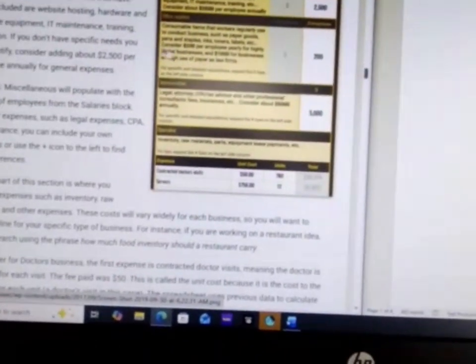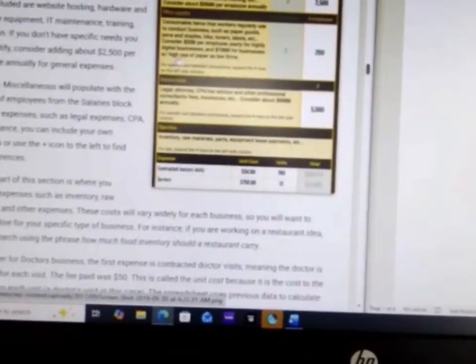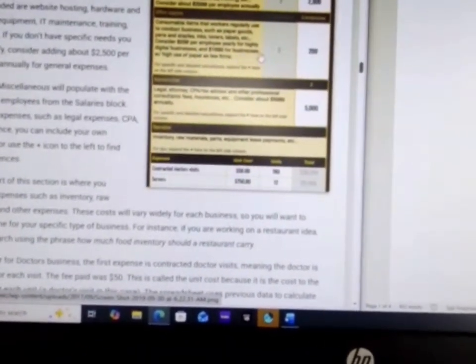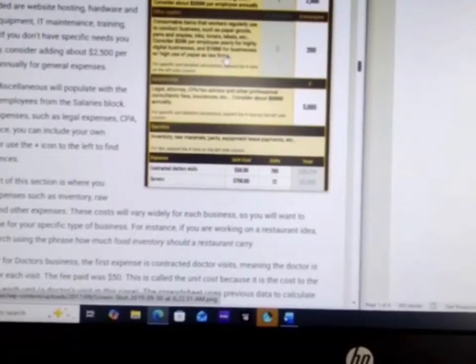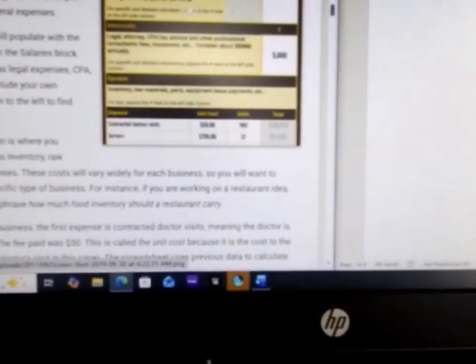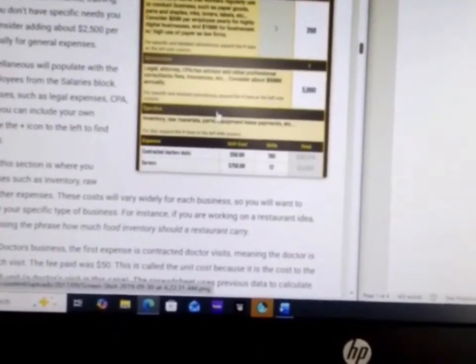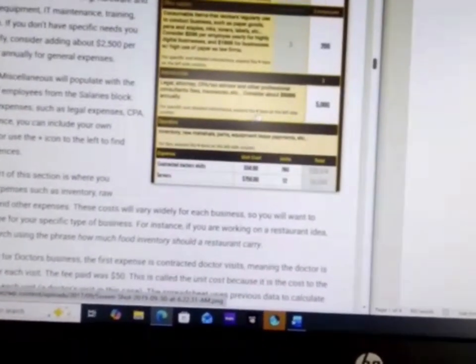Here it says consider $200 per employee yearly for highly digital businesses, and $1,000 for businesses with high use of paper, such as law firms. It gives you an idea of how to determine how much it will cost. You're just estimating, guessing more or less, and it lets you know if your business is viable.